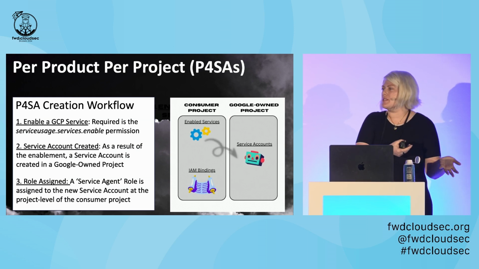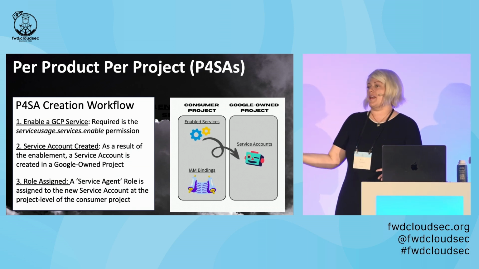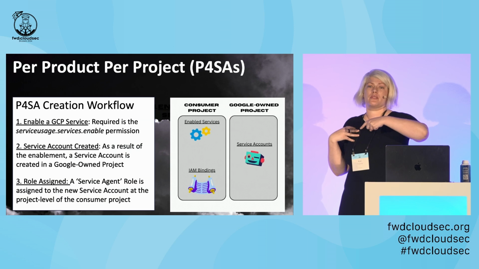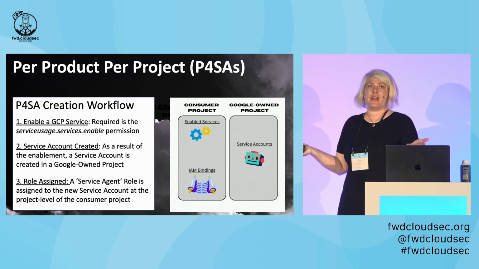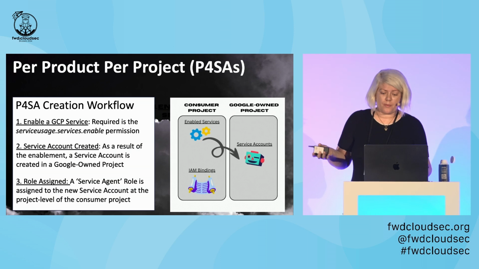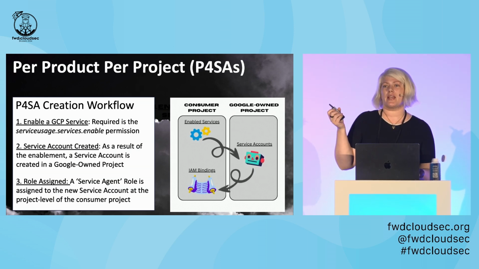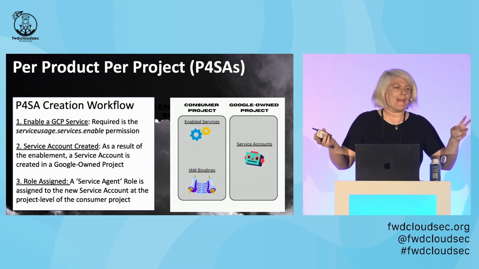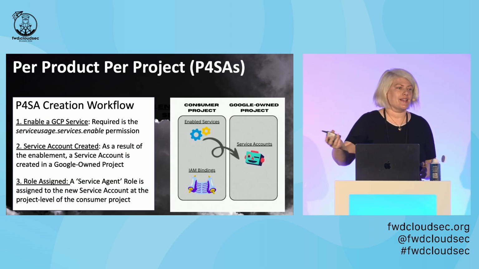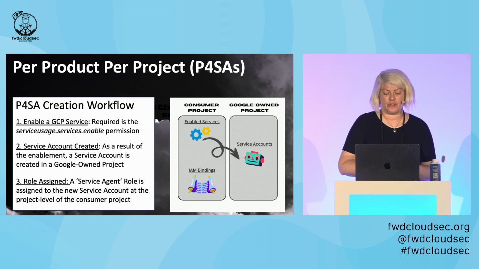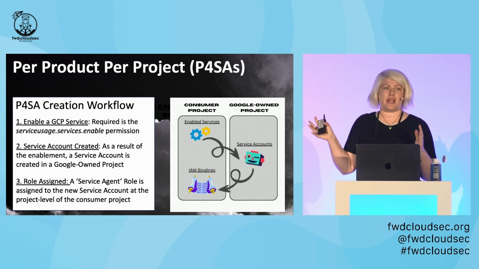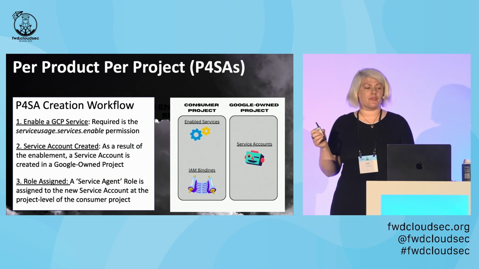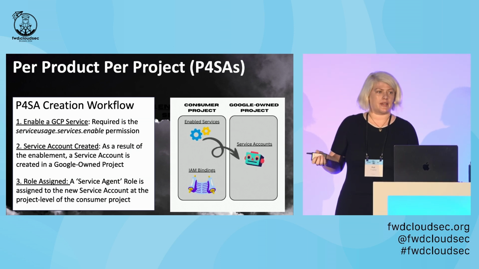But as it happens, a role is assigned in our consumer project to that service account, typically a service agent role. And we can see from the logs, it's this kind of all-powerful service agent manager that assigns these roles to a service agent. So with this one-to-one architecture, you have created the P4SA.